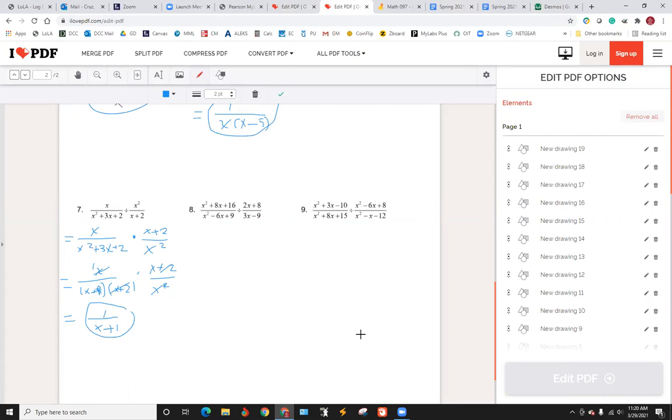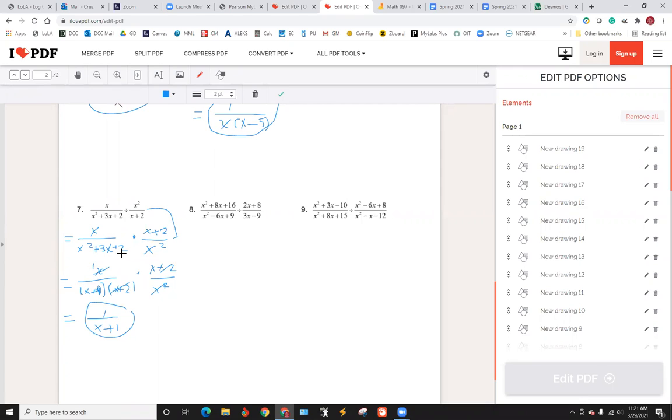Well, Sean, I'm saying. All right, well, it's division, so we got to multiply by the reciprocal. See how they change spots? See, the numerator is the denominator, and the denominator is the numerator. And the only thing that really needed to be done was factor this one right here.